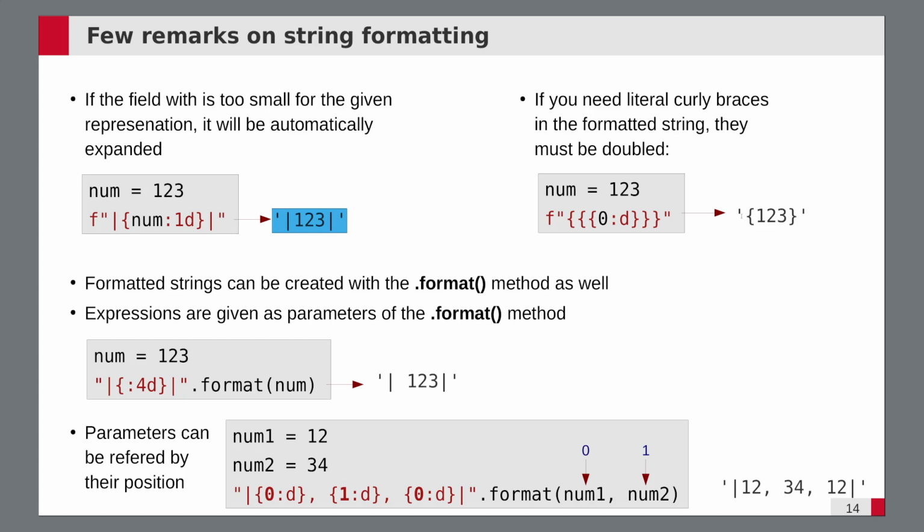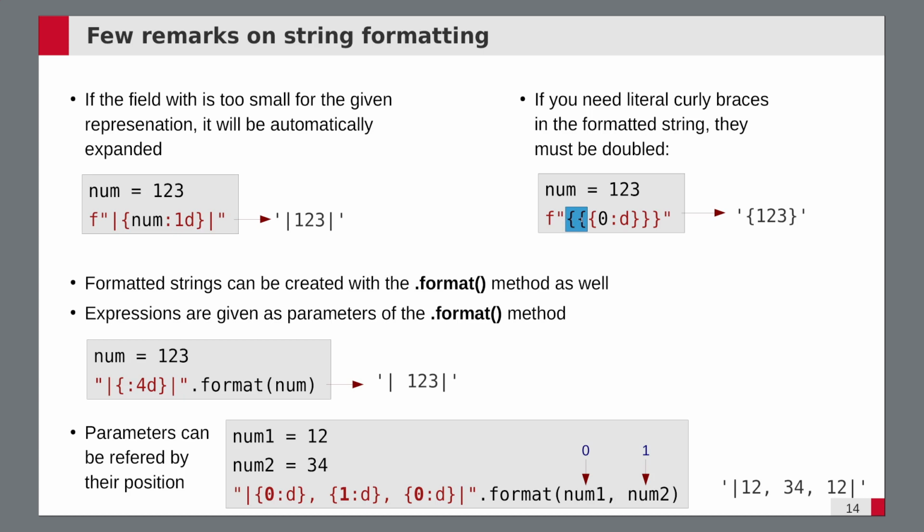The other thing which is interesting is how you can print the curly brace character itself, because of course in these f strings, the curly brace has a special meaning. It means, okay, I'm now giving you an expression which must be evaluated. If you really want to say to Python, no, I want to really see the curly brace character, then you have to make it double.